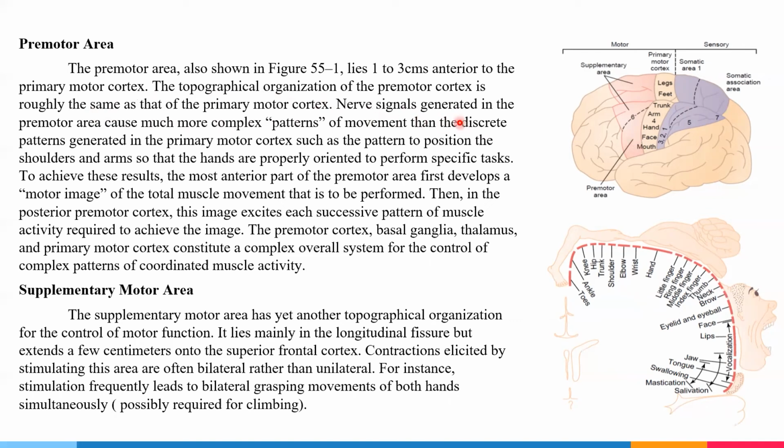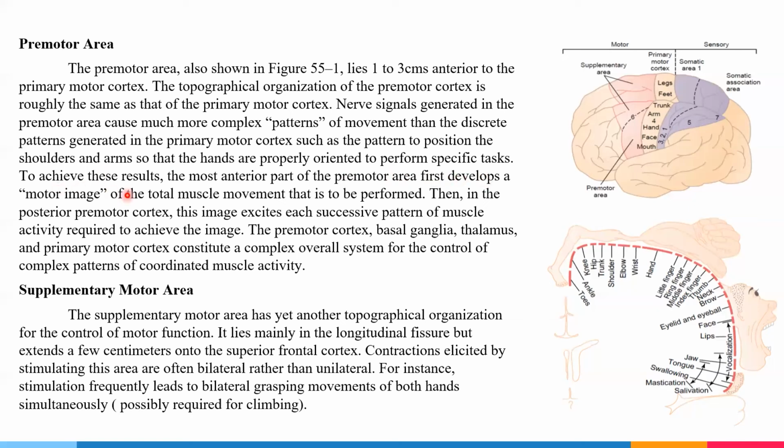Nerve signals generated in the premotor area cause much more complex patterns of movement than the discrete patterns generated in the primary motor cortex, such as the pattern to position the shoulders and arms so that the hands are properly oriented to perform specific tasks.